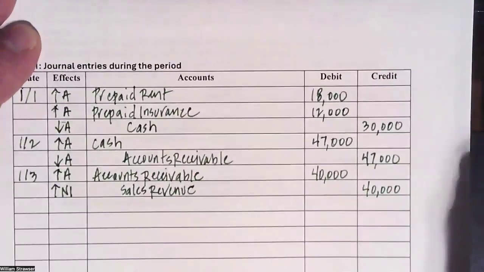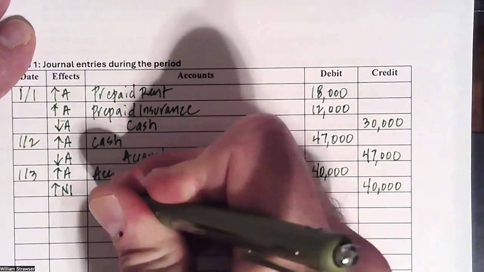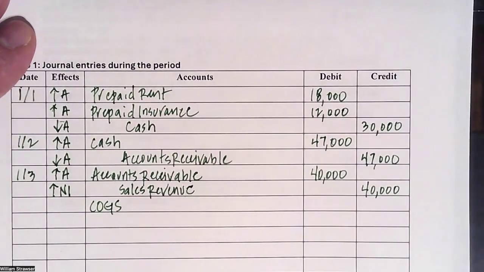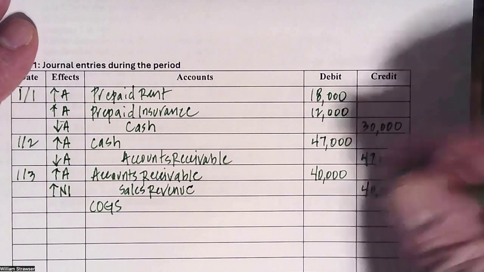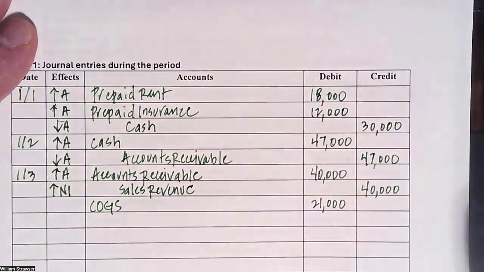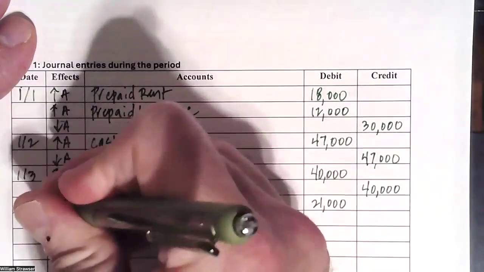That's the expense recognition principle. So for inventory, we call that expense cost of goods sold or COGS. You almost always see it shortened as COGS, but it means the cost of goods sold. In this case, that cost of goods sold is $21,000. And this is a cost, but we recognize it as an expense.